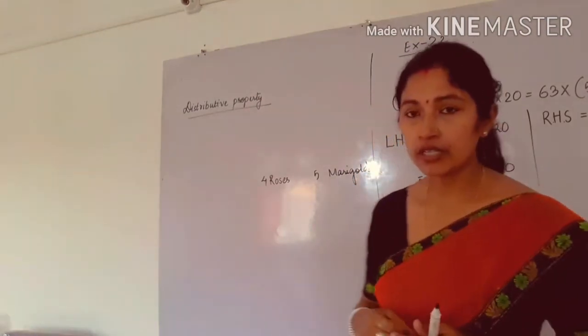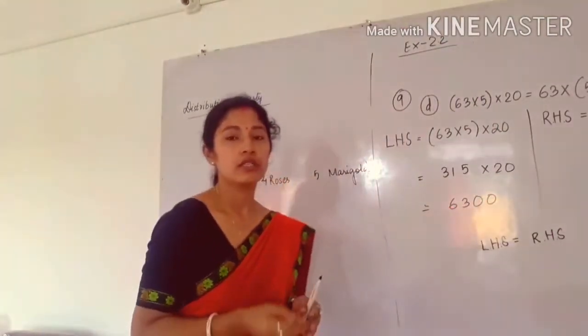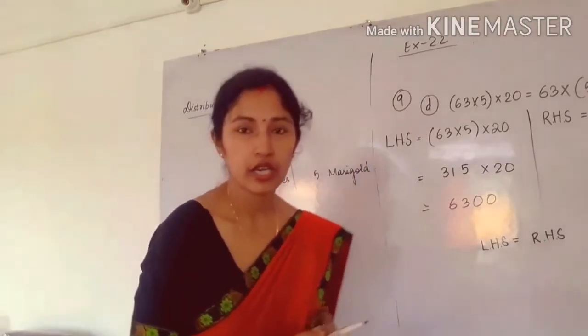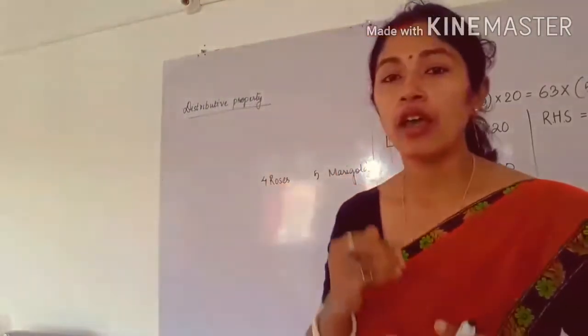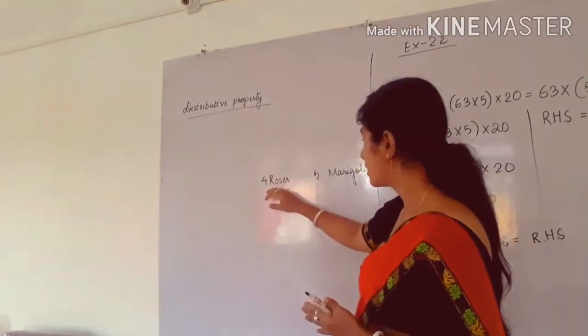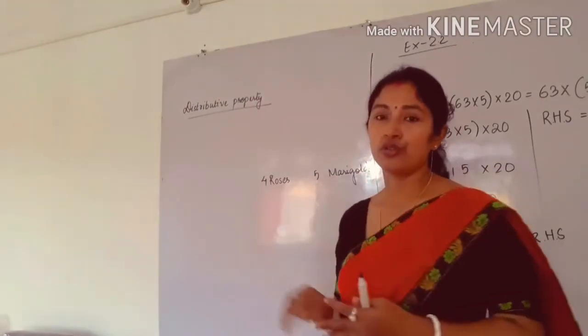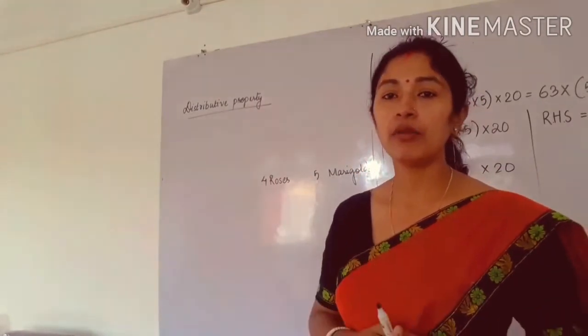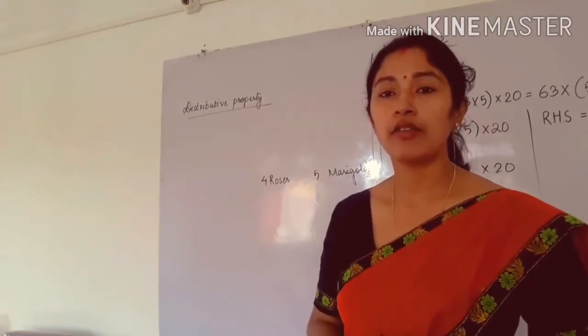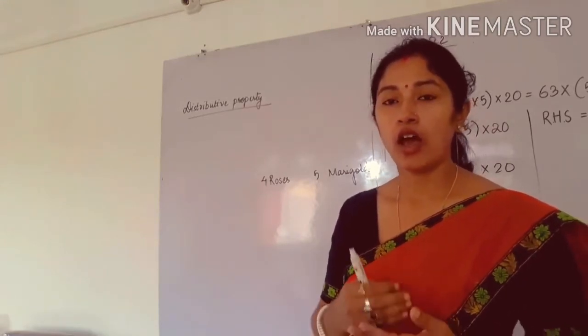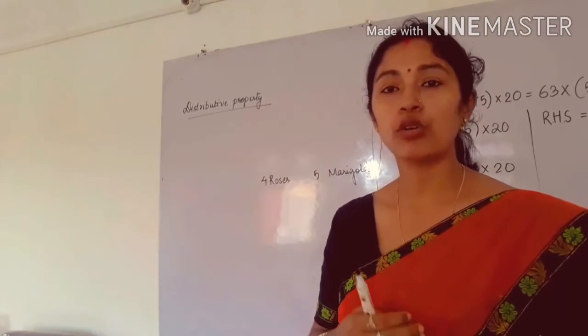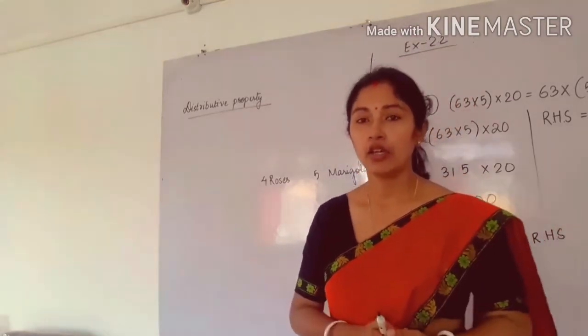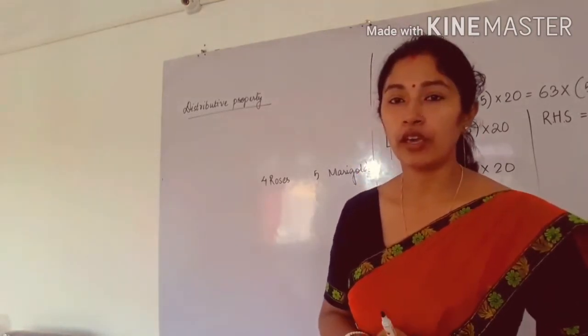So what example am I giving you? Suppose I have 5 bouquets, and in each bouquet I have to arrange 4 roses and 5 marigolds. So how many flowers do I need? That means the total number of flowers I need for arranging the bouquets.